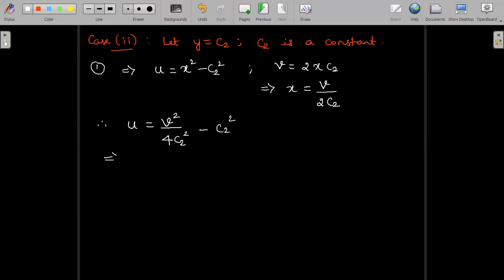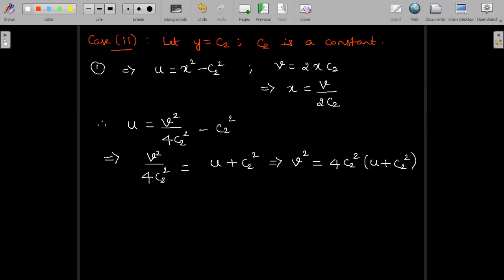We are not going to take any LCM and all, like the previous problem. We will take v square divided by 4c2 square is equal to u plus c2 square. So v square will be equal to 4c2 square multiplied by u plus c2 square.